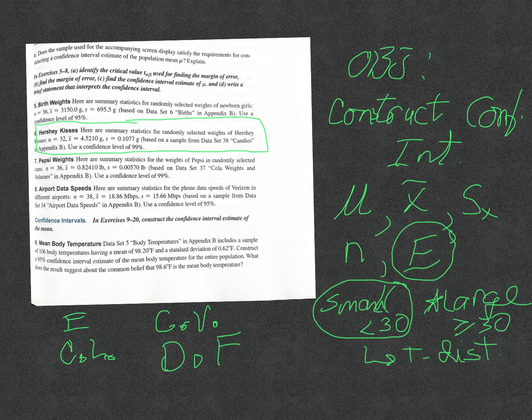So those are some vocabulary, and we'll touch on those things. Degrees of freedom tells us which student t distribution to use. Confidence level and critical values and margin of error we'll talk about here in just a moment. Okay, so those are the main things that we are looking at.